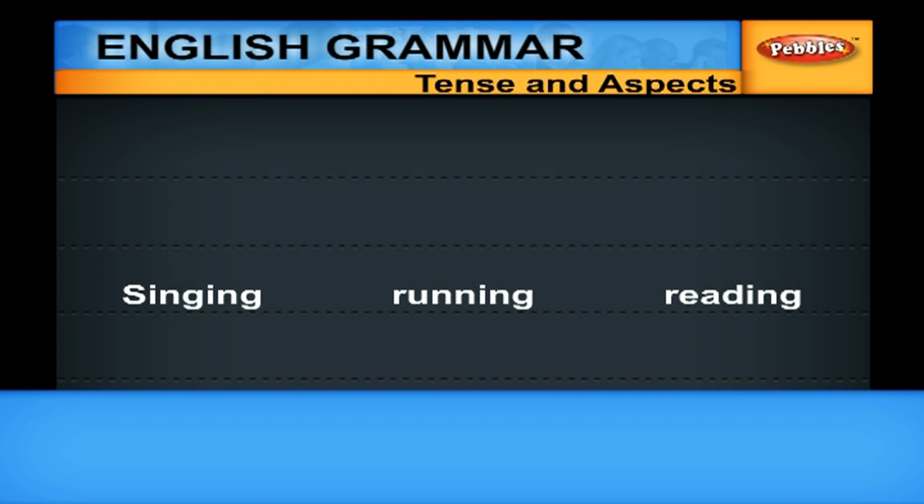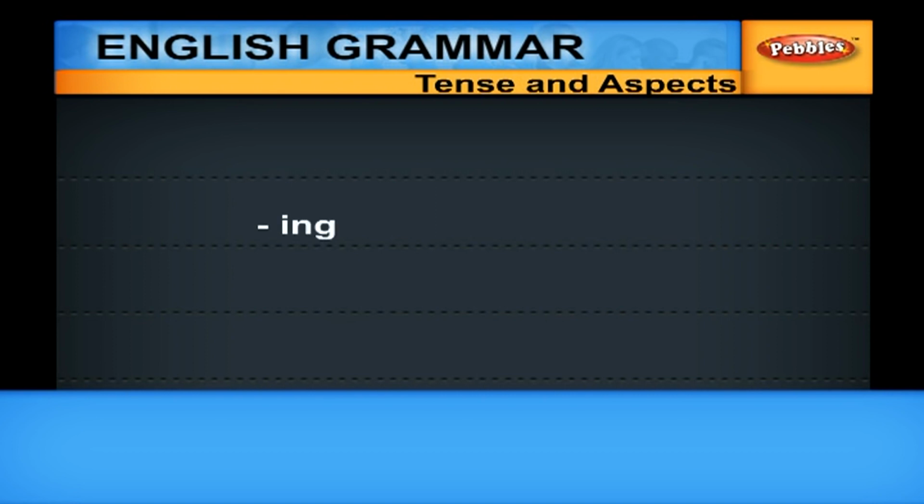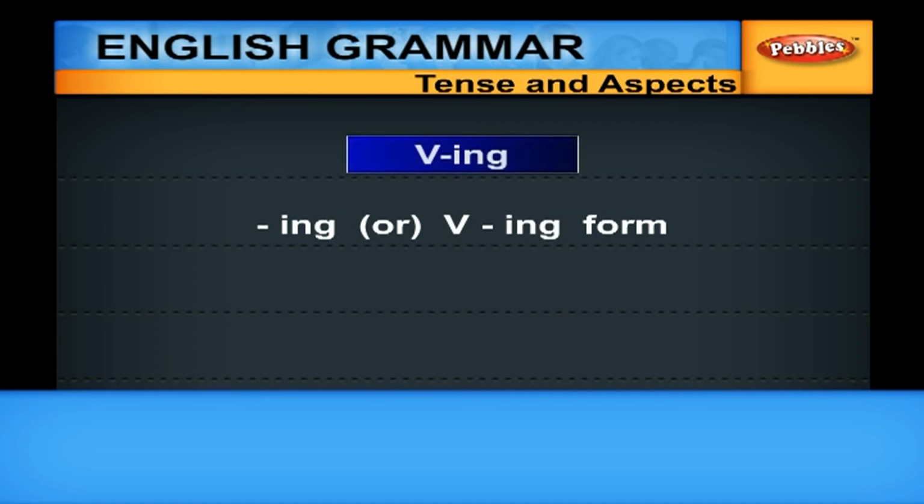The ing form we call present participle. Ing form is not independent. It needs a helping verb or auxiliary to form a verbal structure. We use ing or VING form in the formation of continuous aspects.